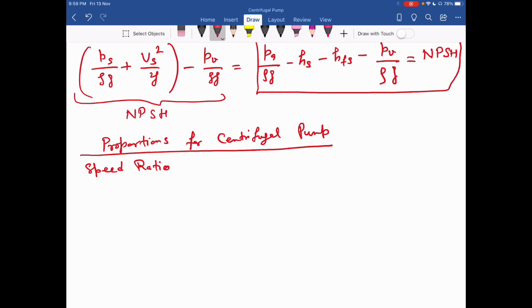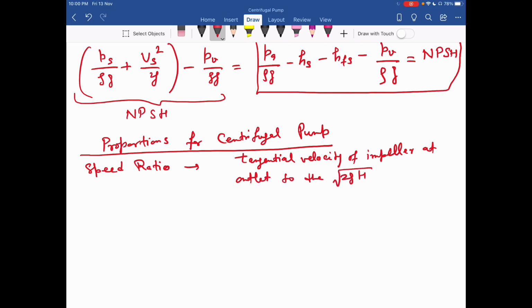Okay, so it is the ratio of the tangential velocity of impeller at outlet to the quantity under root of 2gh.